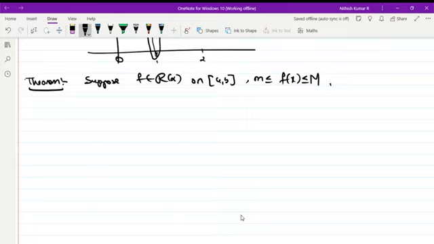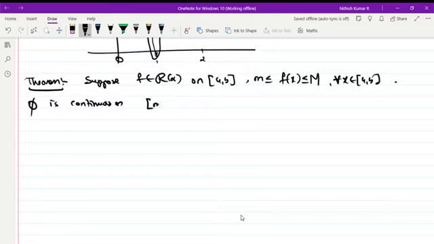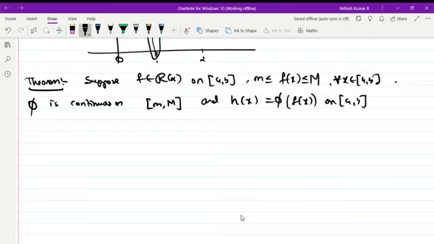Now suppose phi is continuous on the closed interval small m comma capital M, and h of x is phi of f of x, that is the composition of phi and f on the closed interval a comma b.